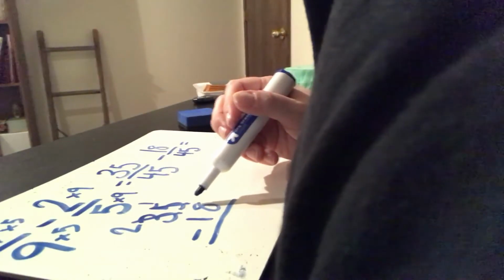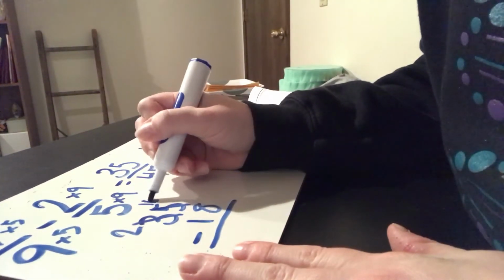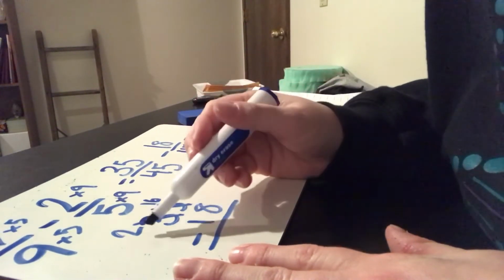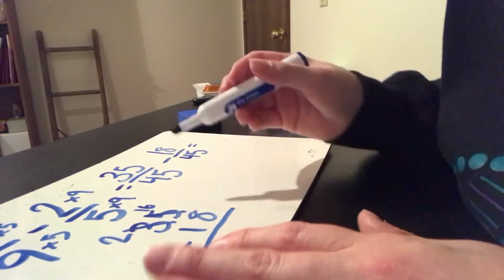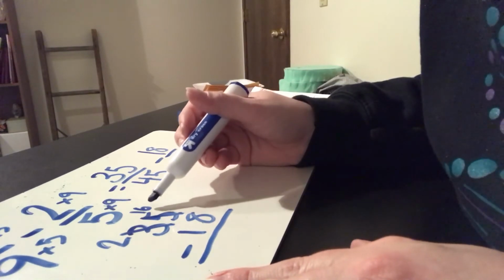So I need to borrow. I know that's 2, 15. So I have it crossed out the 2.